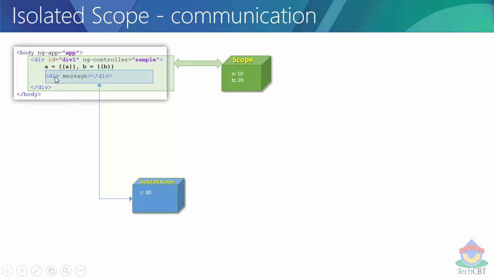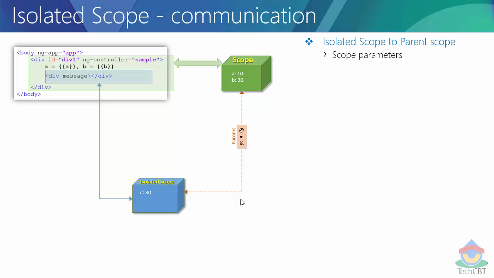Even though your particular directive may be completely isolated, there are chances that you might still need to use some of those members available in the parent scope. If such is the case, there should be a way to access or communicate with the outside world other than just the isolated scope. So this isolated scope may need to access the parent scope or probably some other scope.